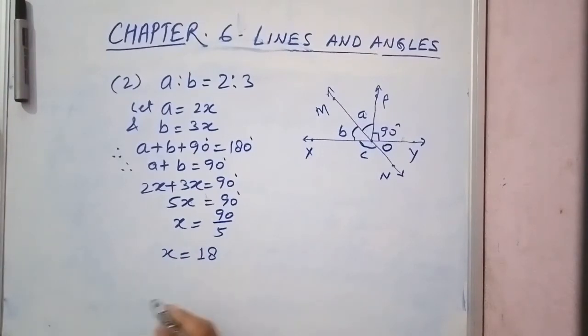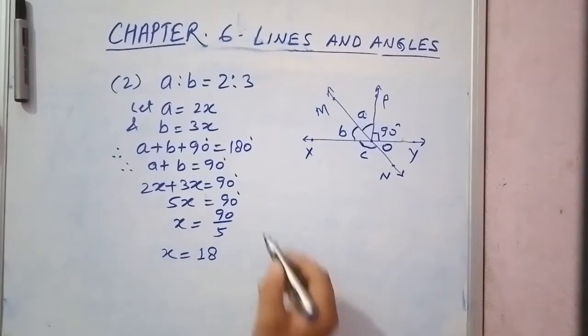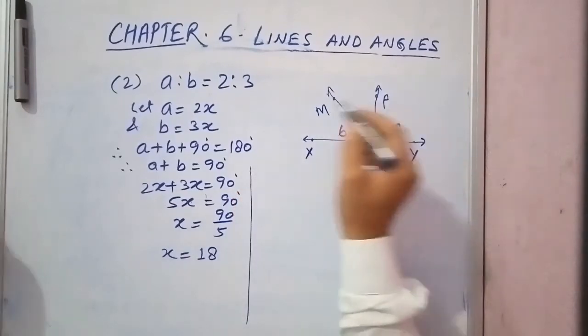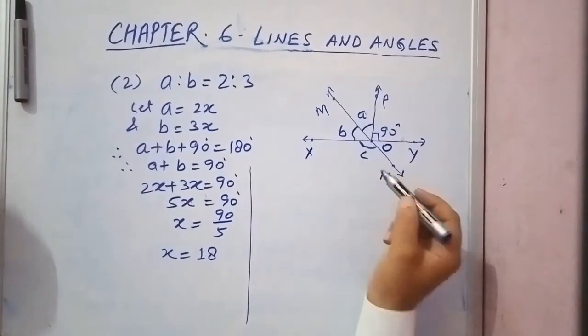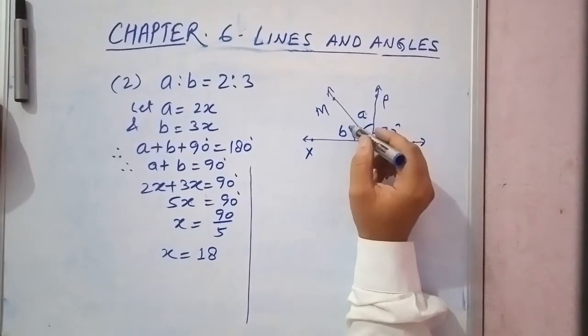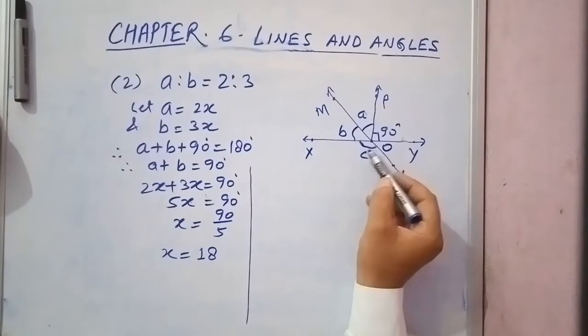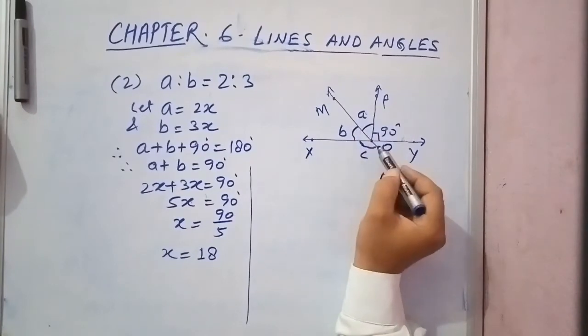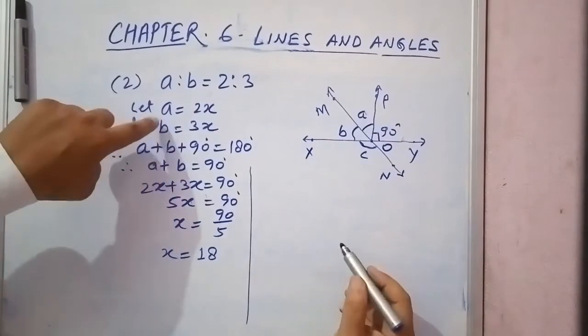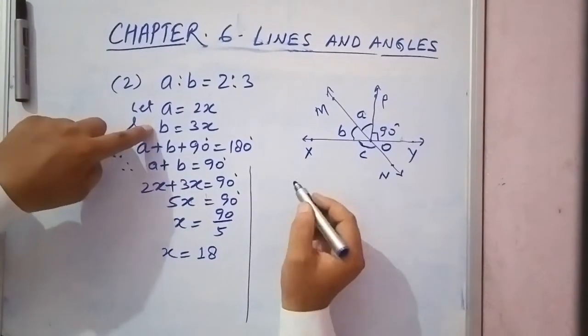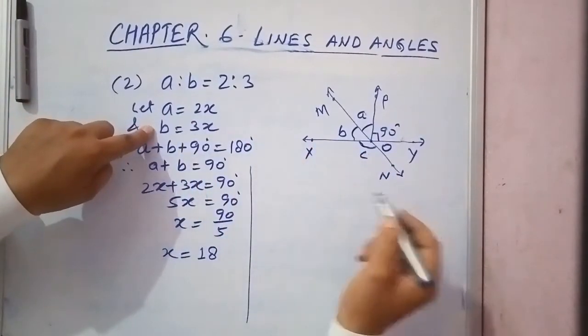Since we have to find angle c, and b and c form a linear pair, angle b plus angle c equals 180, so we need to find only angle b.